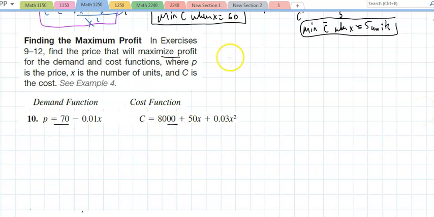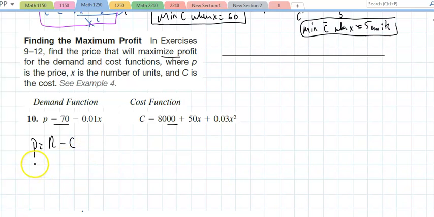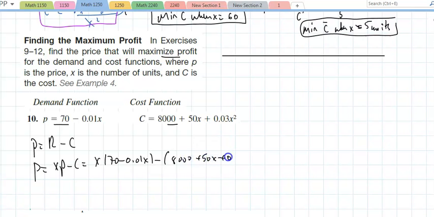And how do you find the profit function? We know that the profit is revenue minus cost. And the profit is going to be revenue. What's revenue? It's the demand times x minus the cost, which is x times 70 minus 0.01x minus 8,000 plus 50x plus 0.03x squared.